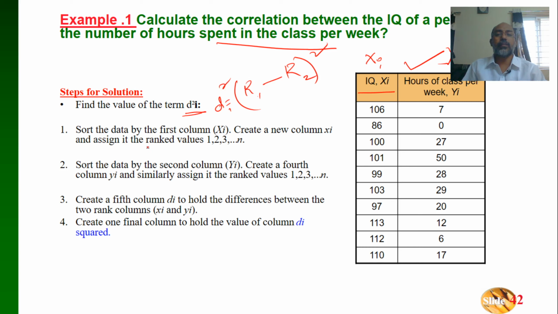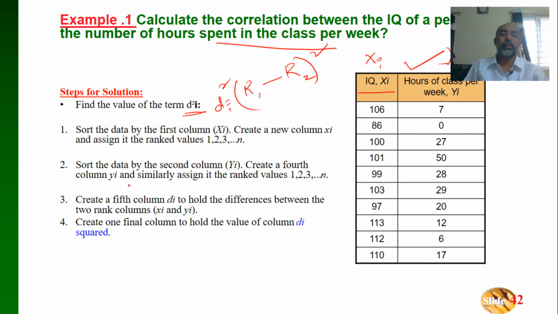Sort the data by the first column. It is better if you sort in ascending or descending order, so that at least one column is given proper sequential numbering.